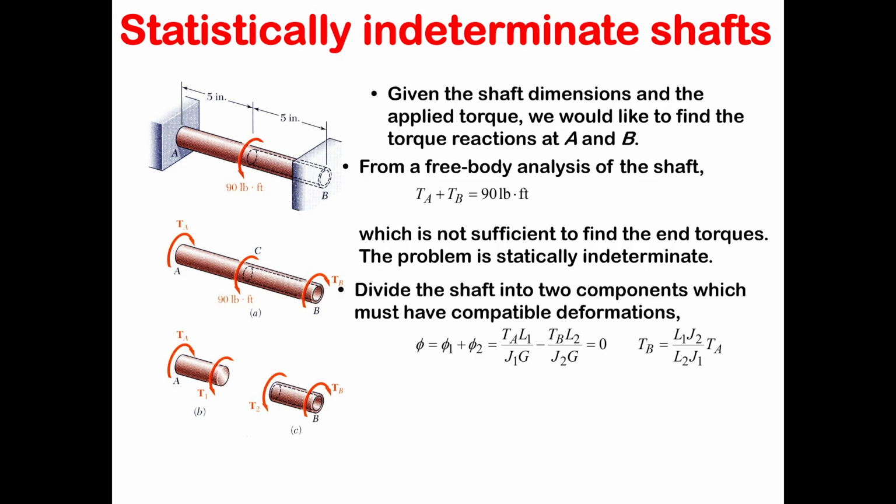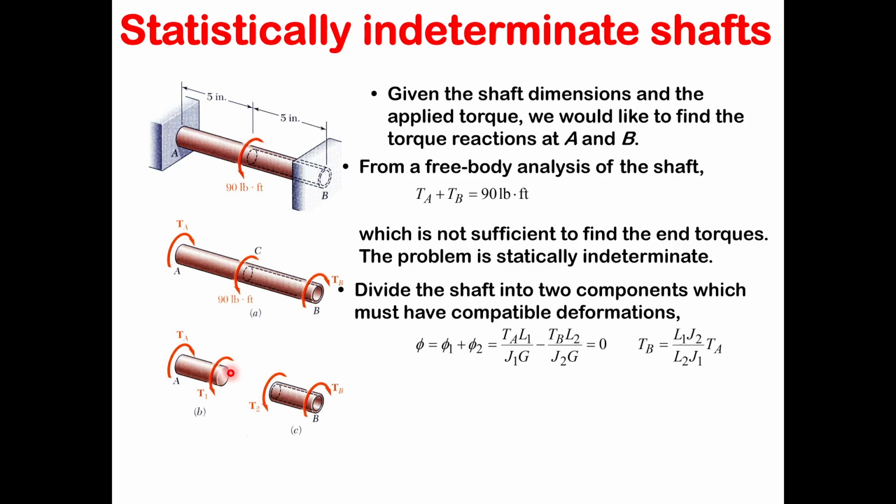So the angle of twist phi 1 for case 1, which is part A of the beam, is going to be TA L1 over J1 G. The angle of twist in the other beam is going in the opposite direction, so we have to subtract the two, right?